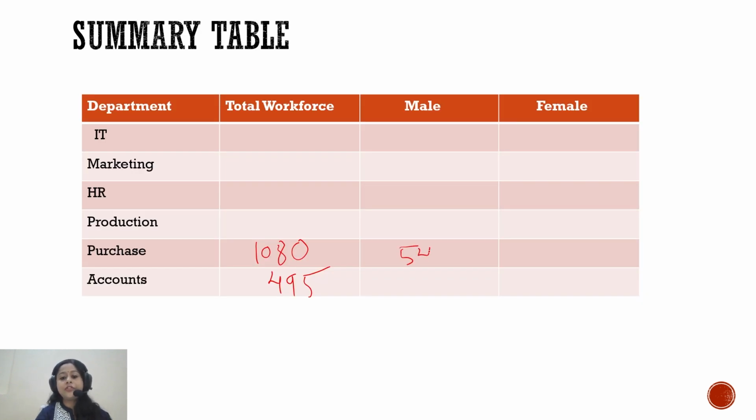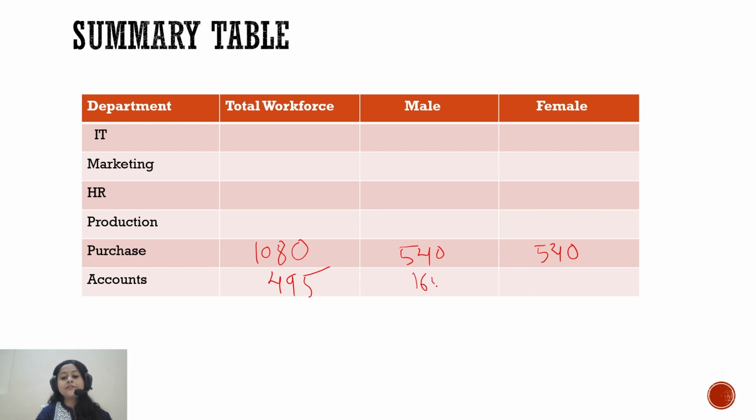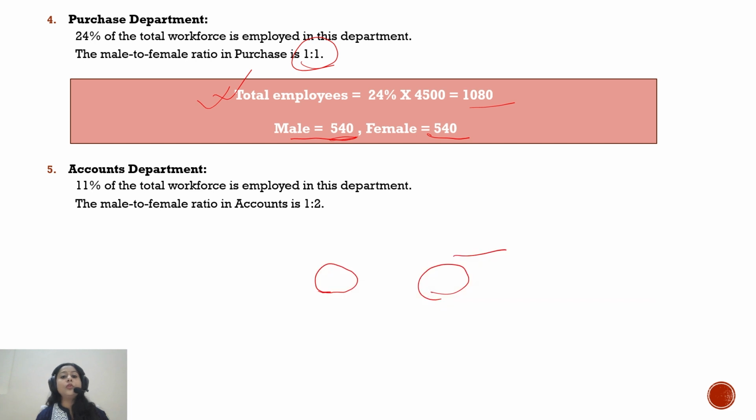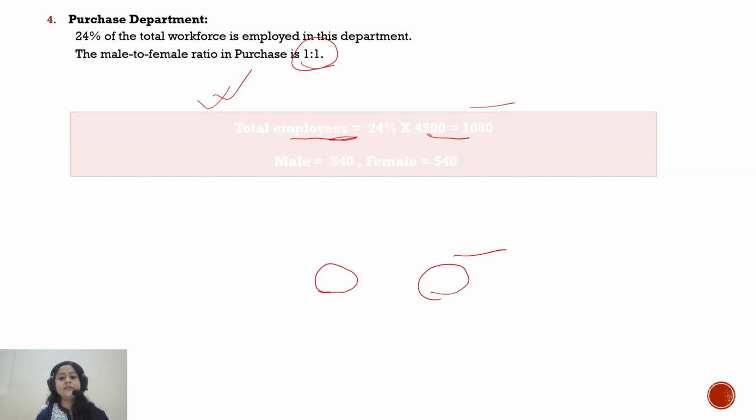And in accounts department, male is 165 as per the calculation, and female is 330. We will go back and see what it is for HR and production department. The total number of employees in HR department is 540, whereas in production department it is 675. So I will just write it.